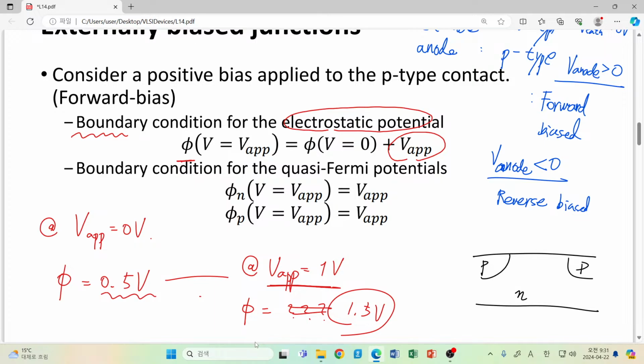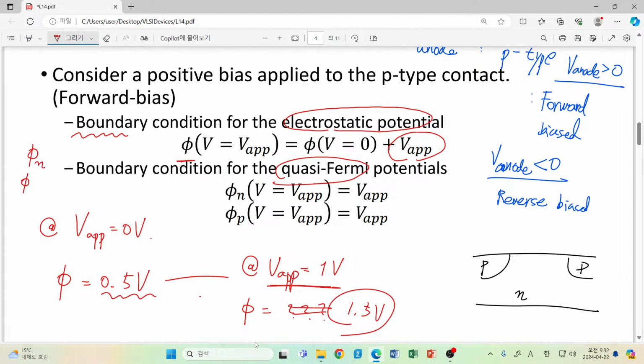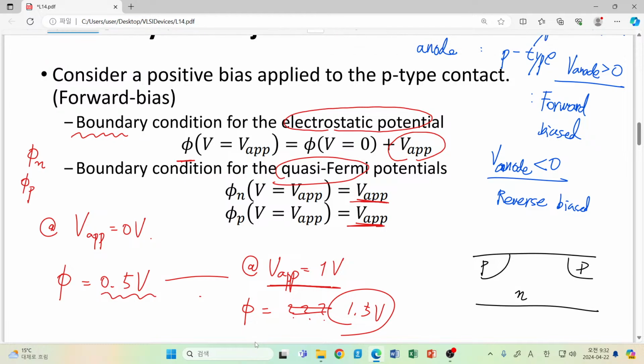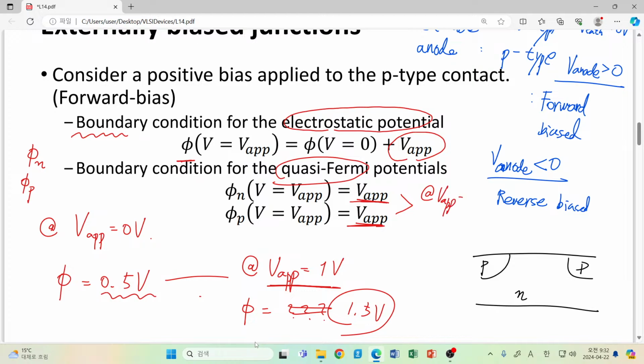Also, we have two more quantities. What are the two more quantities? Quasi-Fermi potentials. We can define electron quasi-Fermi potential and hole quasi-Fermi potential. And you know, in this case, it is also simply given as the applied voltage. So simply speaking, think about this one. When you have applied voltage equal to 0 volt, what will happen?